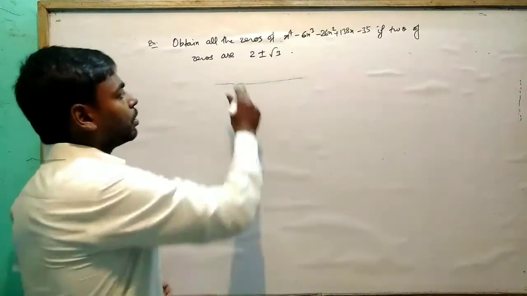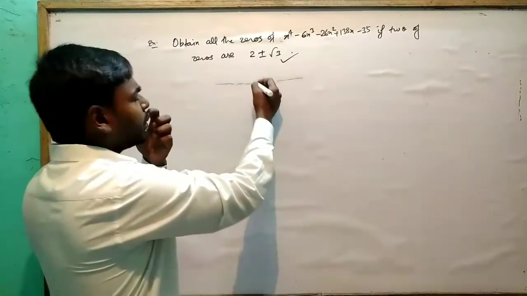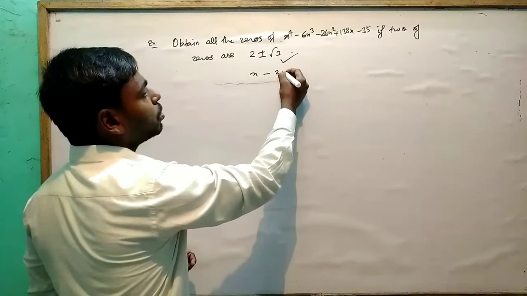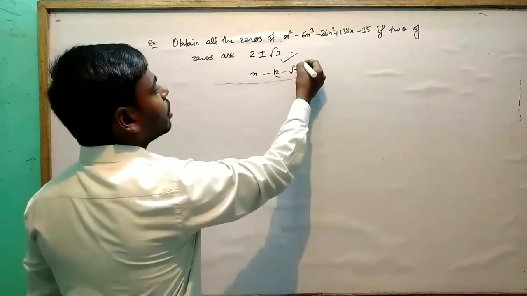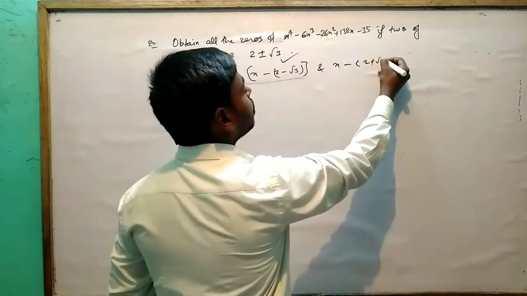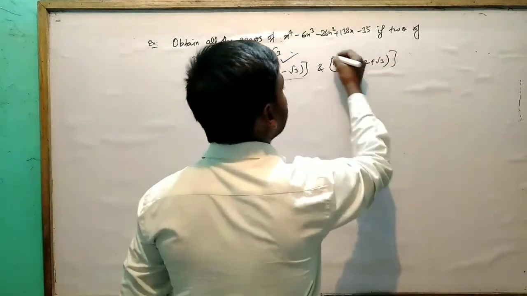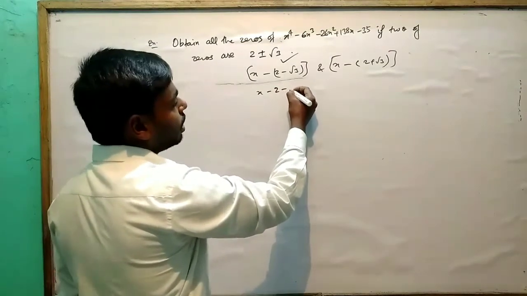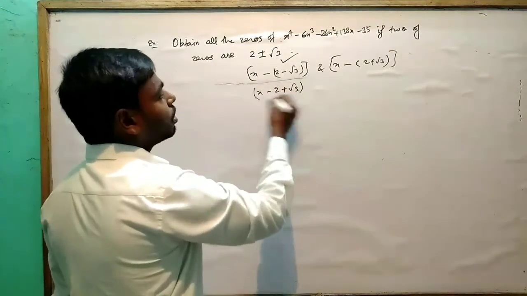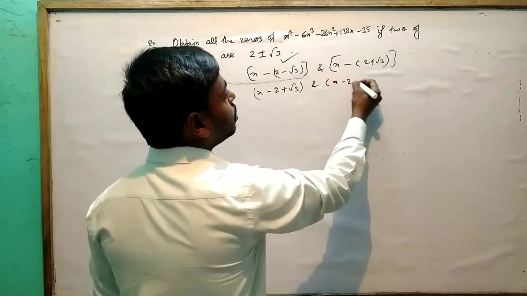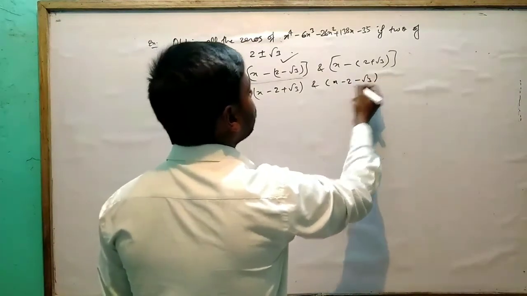If these are the zeros, then x minus 2 minus root 3 and x minus 2 plus root 3 are the factors of the given polynomial. Then it can be written as x minus 2 plus root 3 and x minus 2 minus root 3.